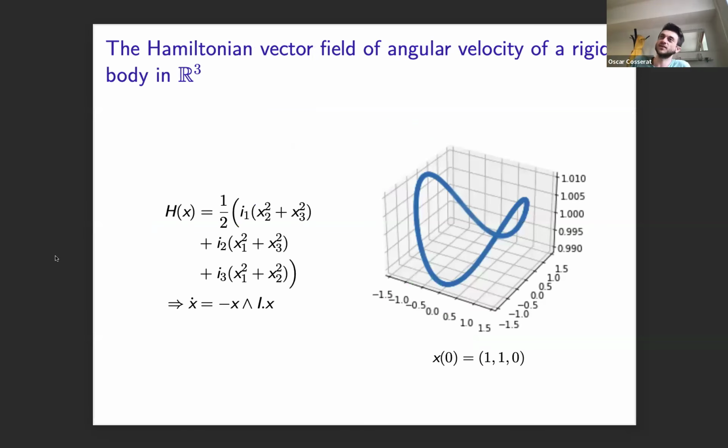So this is the Hamiltonian system we care about right now. It's called the angular velocity of a rigid body in R3, or angular momentum, maybe, depending on the factor you put.